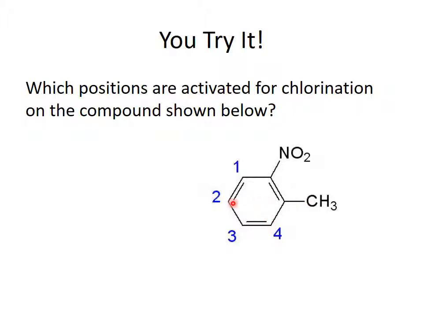So this is an ortho para-director, so this is activated, and then this deactivates everything except for the meta positions, and these both are meta. So where are we going to see chlorination occur? Both 2 and 4.